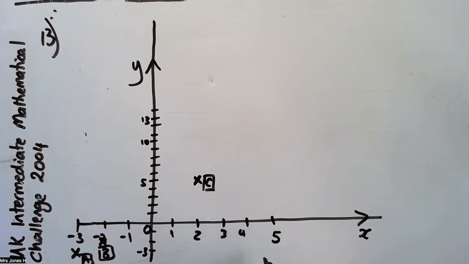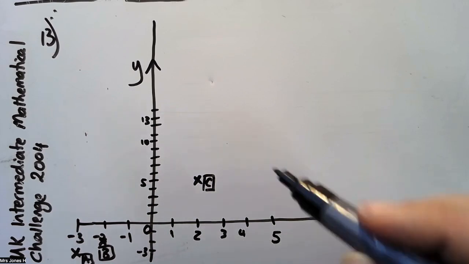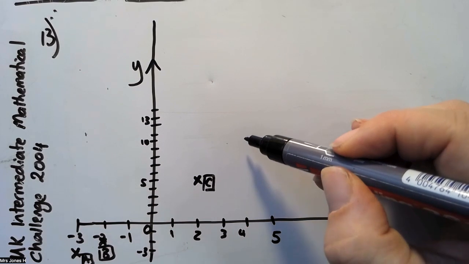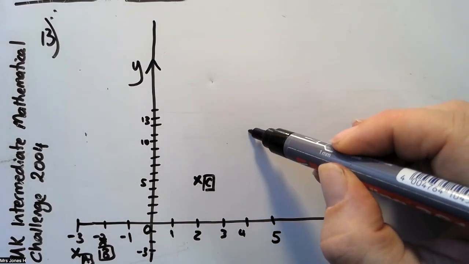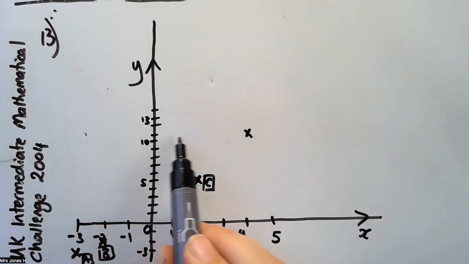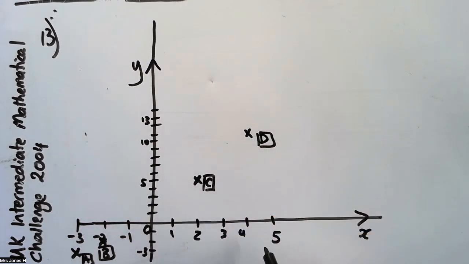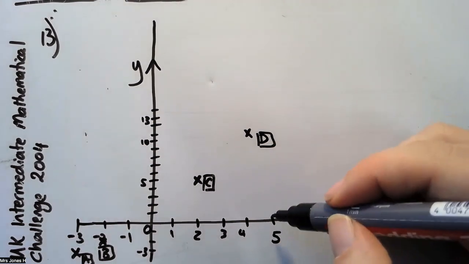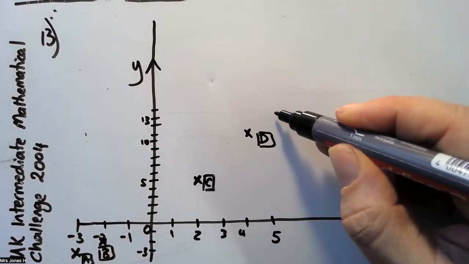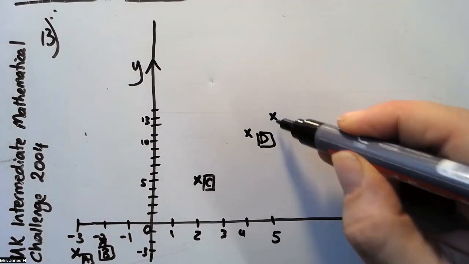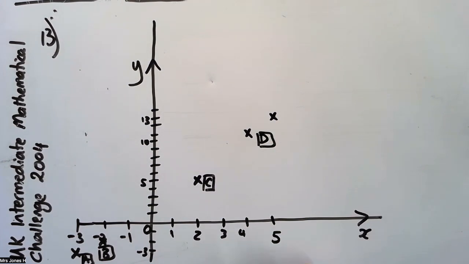Then we're looking at 4 and 11. Yeah, let's go with that one. And then we're looking at 5 and 13. Now, you don't have a ruler in the challenge, but you do have paper.